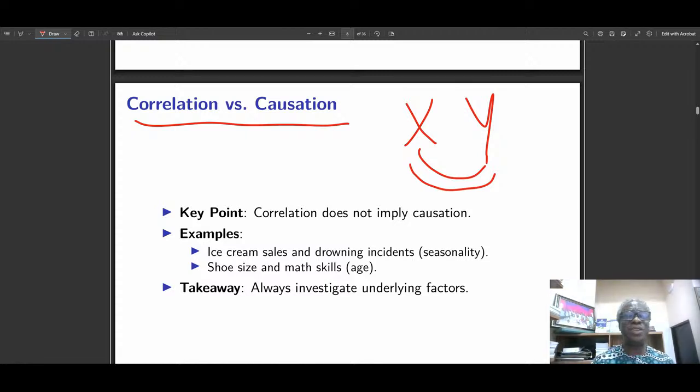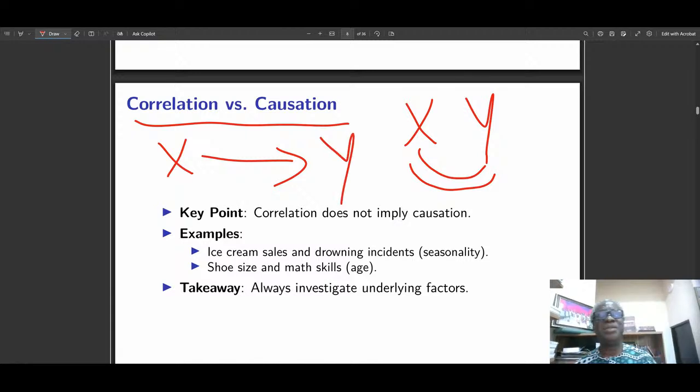So in causation, you may have X causing Y. So in that case, correlation does not imply causation.